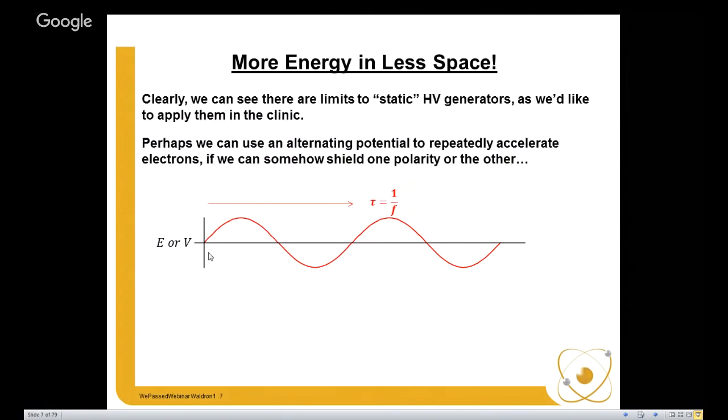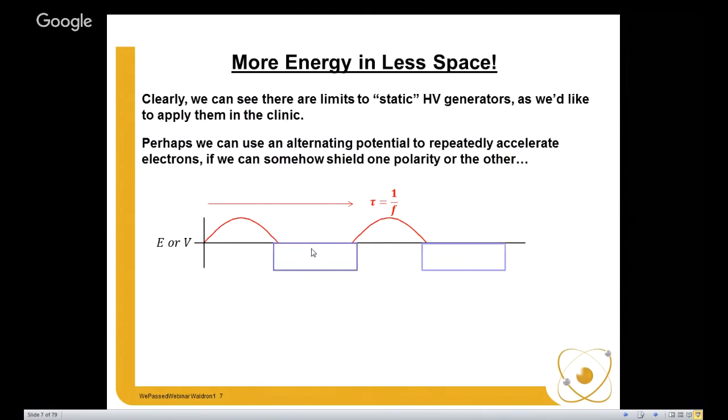If I have an electric field or an electric wave that is sinusoidally varying and moving from left to right with a frequency and a time constant, if I put a charge in the vicinity of this varying electric field, it will be accelerated first one way and then the other as the field passes.